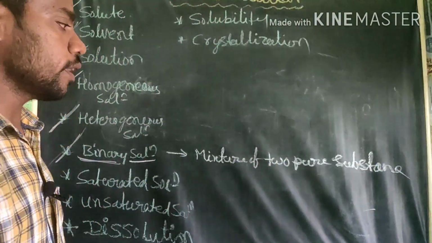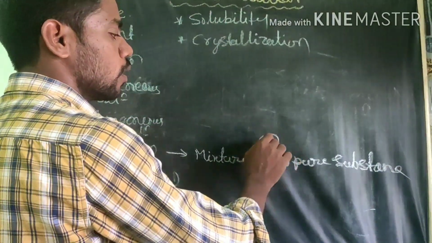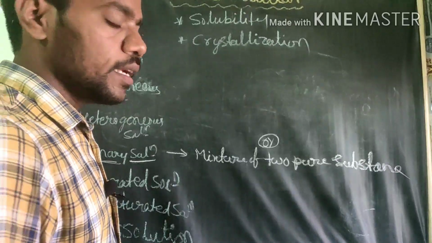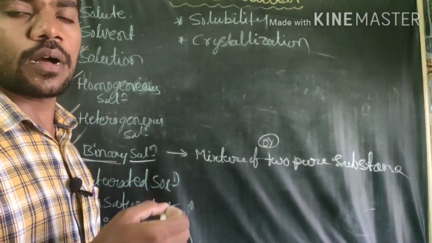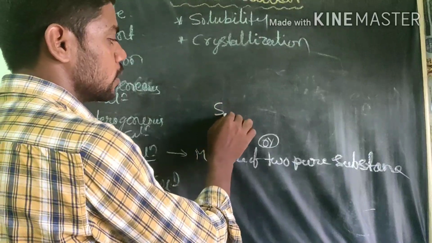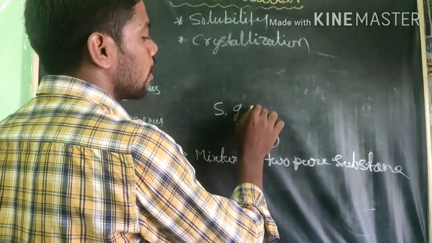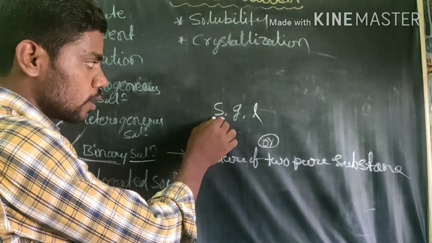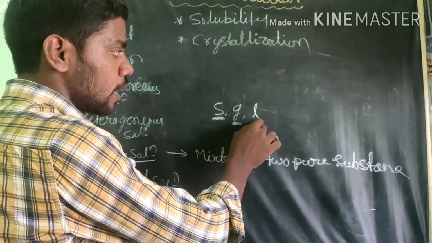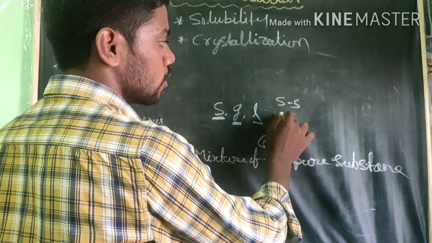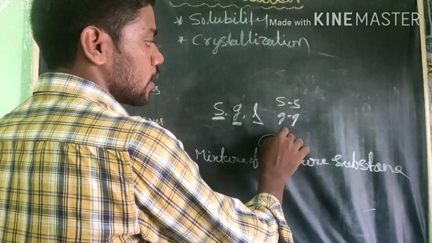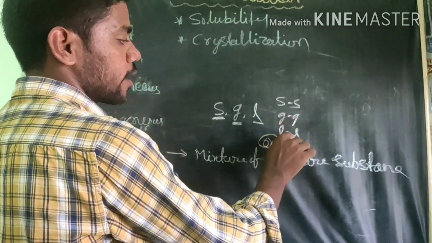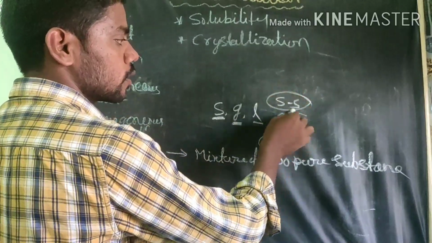One more way we define it: it is a solution of a mixture, which may be solid, liquid or gas. You see, this is a binary solution.